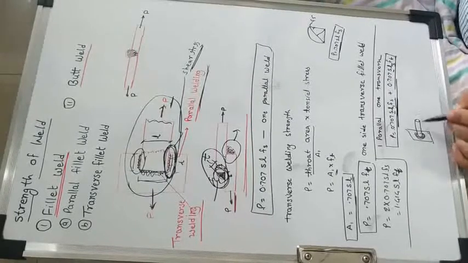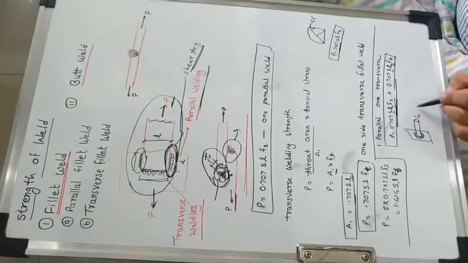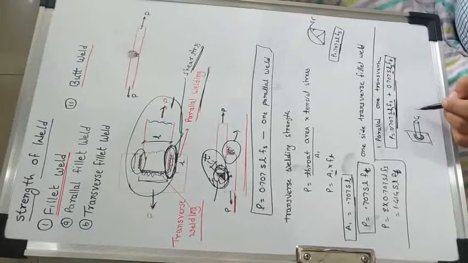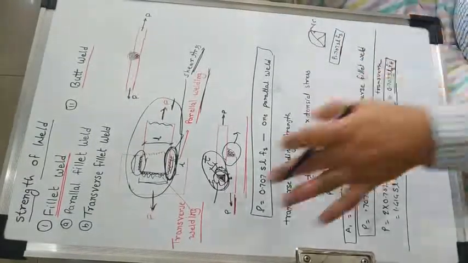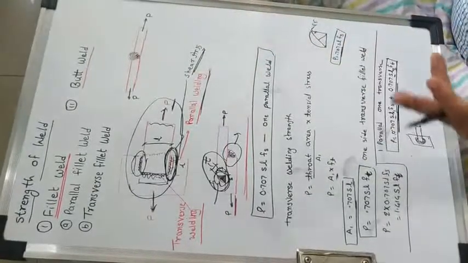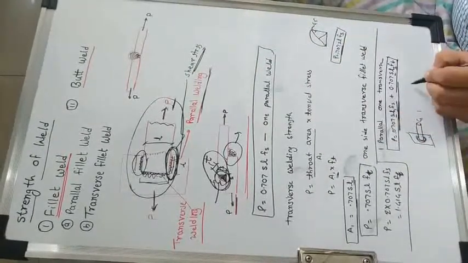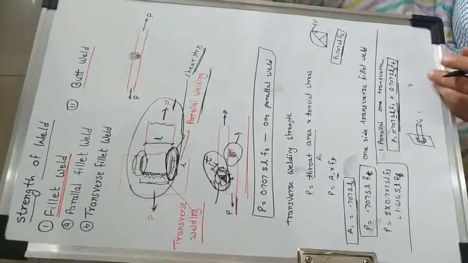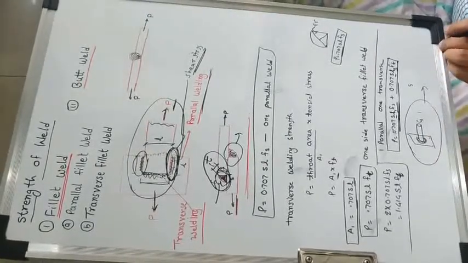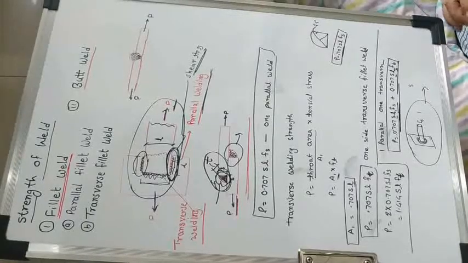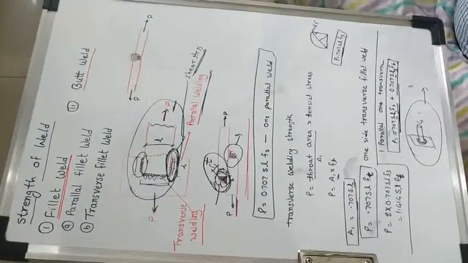Here, which load is acting? Torque is applied here. It is not a steady load. We have seen steady load here. If you remember, we have steady load and fatigue load, so this comes under fatigue load also. So in the next video we will see the rest of that. Thank you.